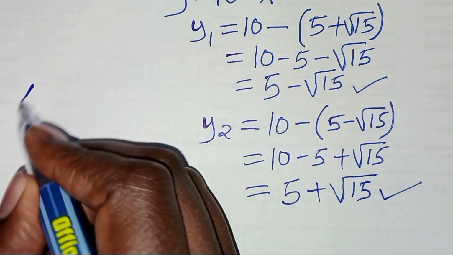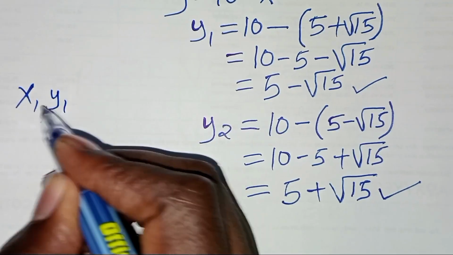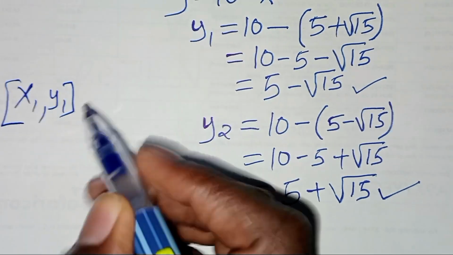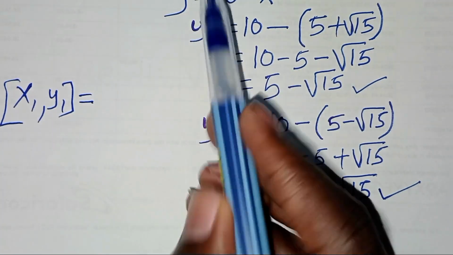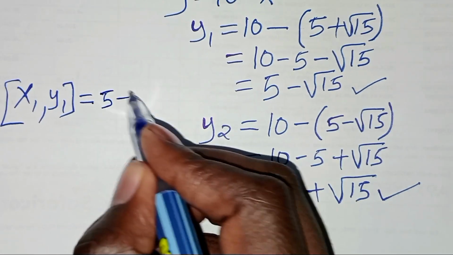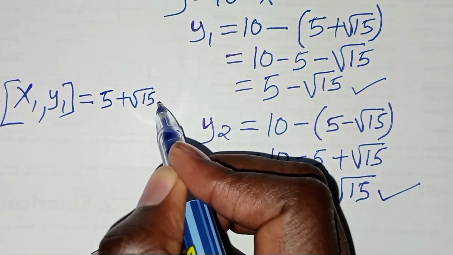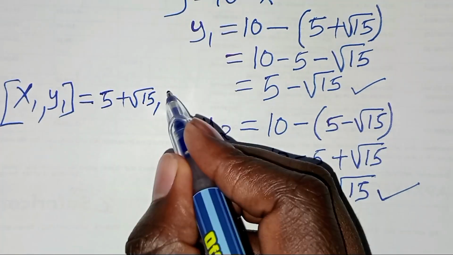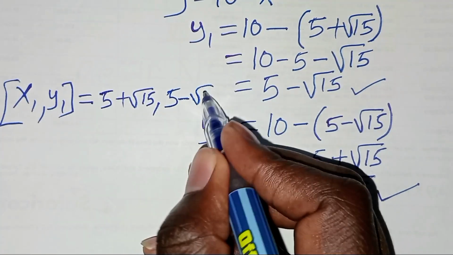So we have two sets of solutions here. We have x1, y1, where x1 is 5 plus the square root of 15 and y1 is 5 subtract the square root of 15.